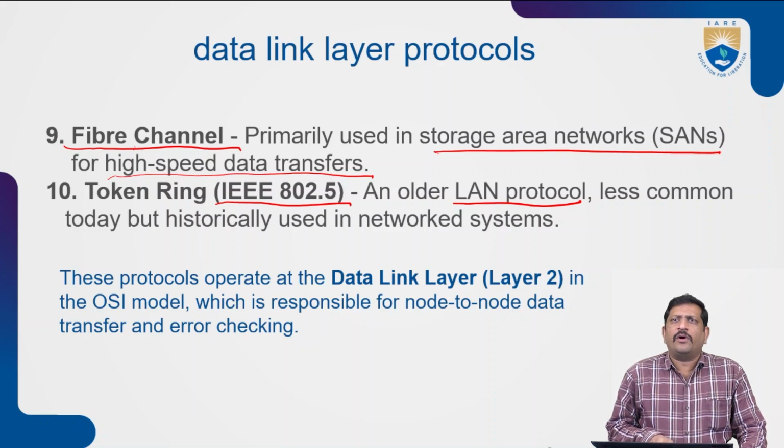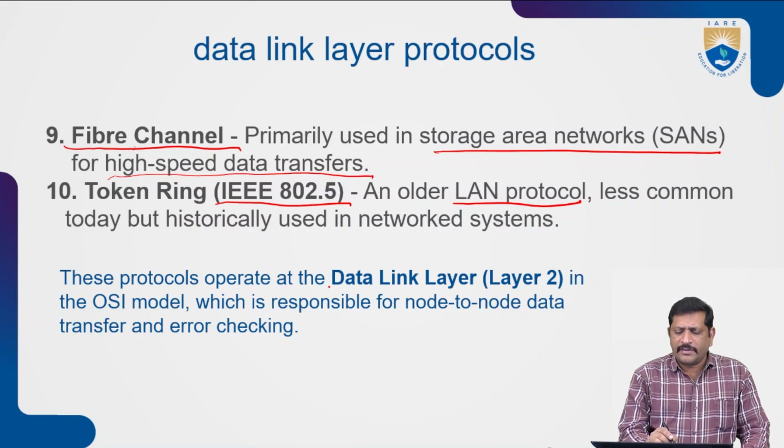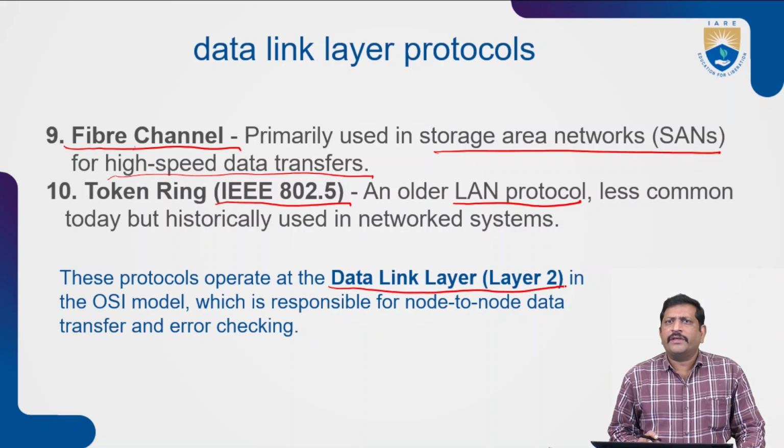So these protocols can be utilized. Generally, these protocols operate at the data link layer. The data link layer is the second layer of the OSI reference model, in between the physical layer and the network layer.